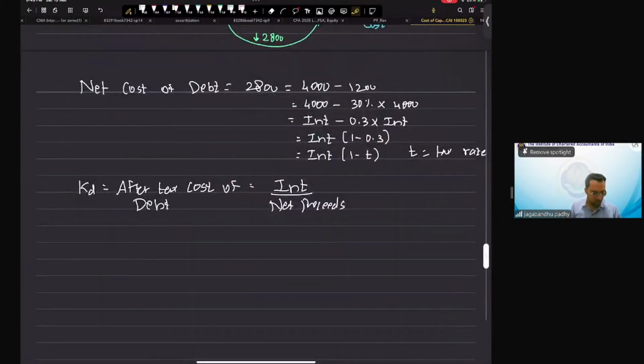But here you were assuming this is before tax, I mean without tax. When I bring in tax, I need to make it interest into 1 minus t to give the after tax effect of cost of debt, because we'll be saving money when it comes to taxation. For computing after tax cost of debt, the formula is simple: interest into 1 minus t upon net proceeds, right?